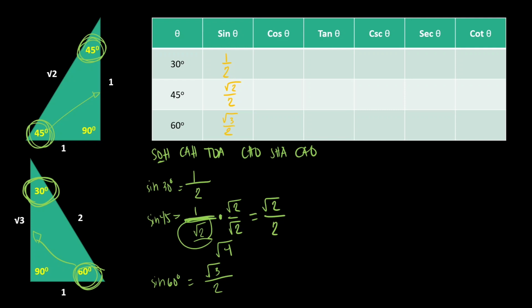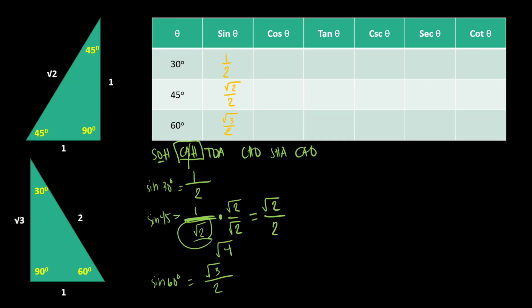Next, let's move on to cosine 30 degrees. For cosine we have the formula cosine equals adjacent over hypotenuse.